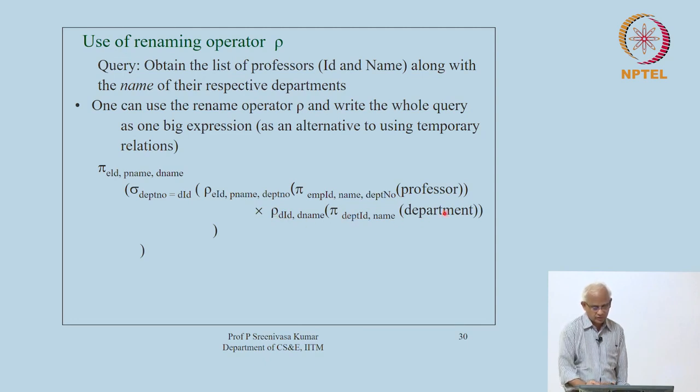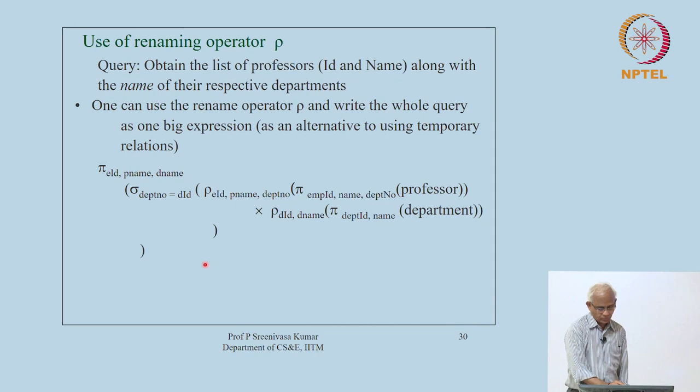This is what we called department detail in the previous slide, whereas this is the one which we called professor detail. And so, we are doing a cross product of these two things, and then selecting the relevant combinations by giving the selection condition department number equals DID, and then finally projecting the EID, P name and D name attributes from this entire relation.